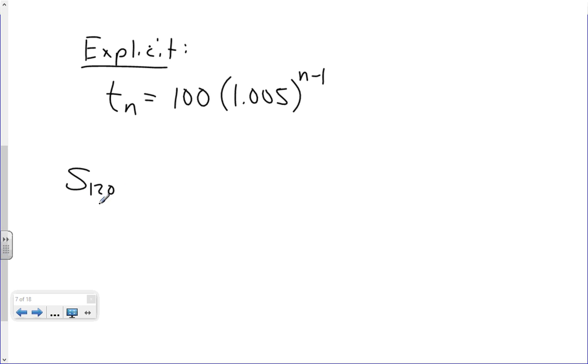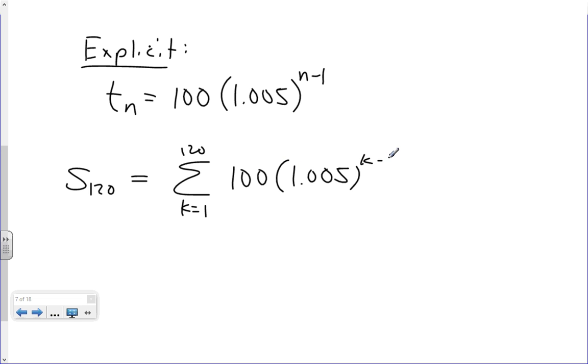All right, let's write down our partial sum that we're looking for. We're trying to find S sub 120. In terms of sigma notation, that's the sum from k equals 1 to 120 of this explicit formula, 100 times 1.005 raised to the k minus 1. I guess if I'm writing the sigma notation, I do have to have that explicit formula.